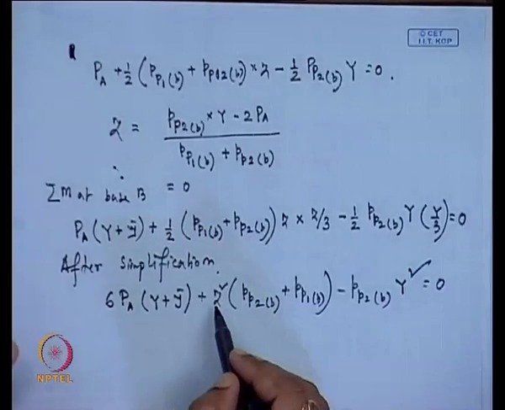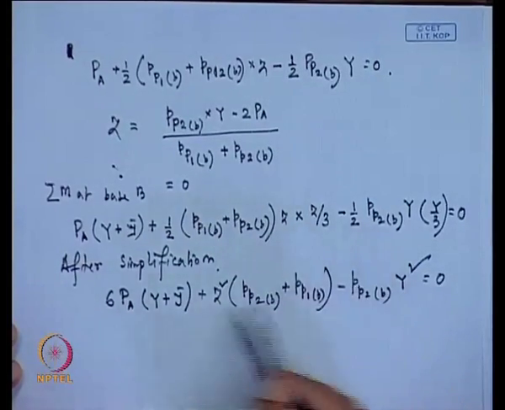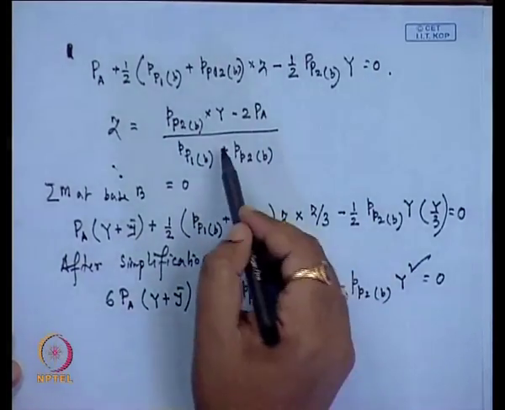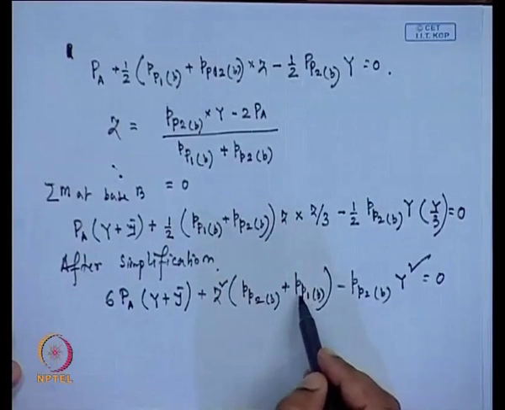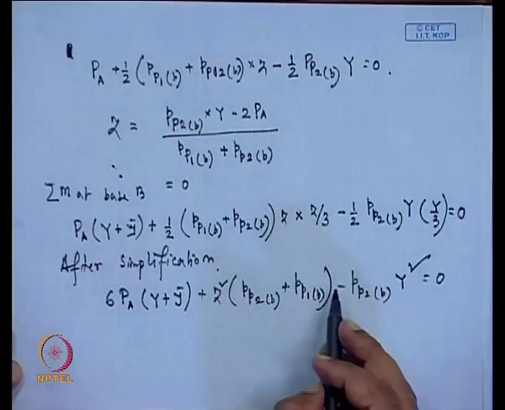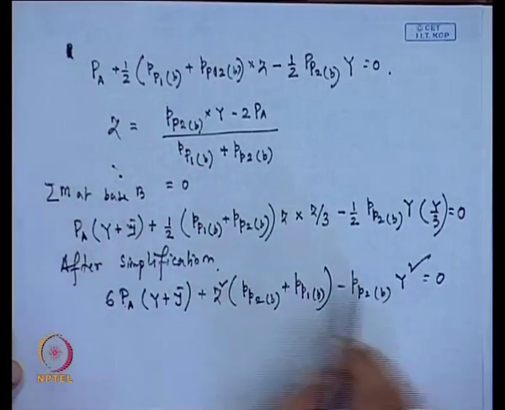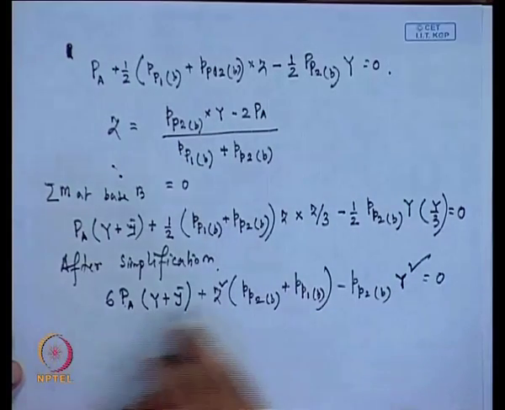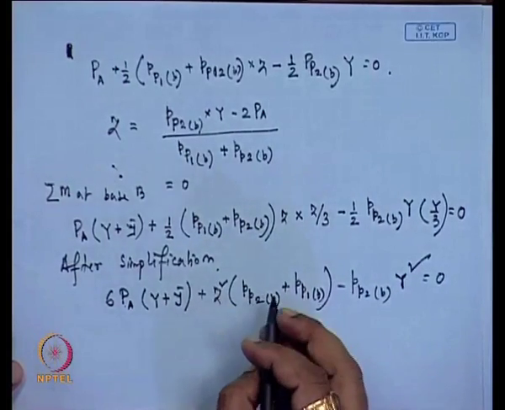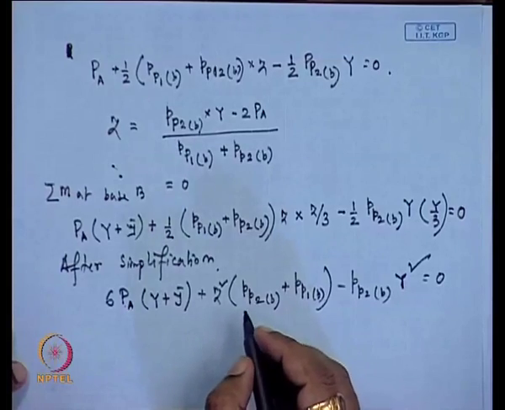So, in this expression, what are the unknowns? The unknown is z, that we will get from this expression. Then P_P2 B, P_P1 B, these we will calculate, and P_A we will calculate, and y will also be calculated, and ultimately we will determine the value of y.